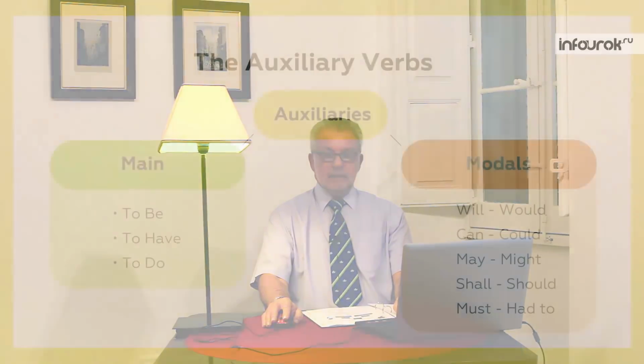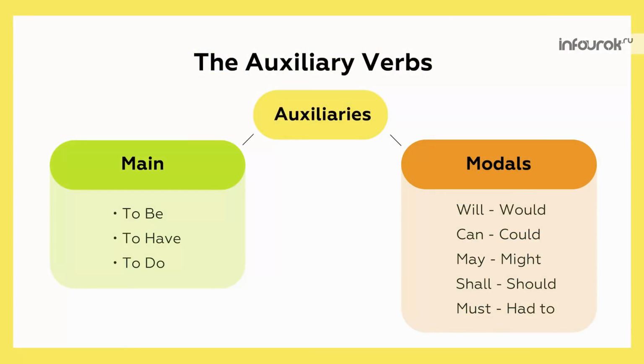The verb to do we will look at in a minute separately from the other two, because it often creates problems for teachers. But once I explain how it is used, it will become very, very simple, both to understand and to teach to your students. On the right-hand side, we have the modals.